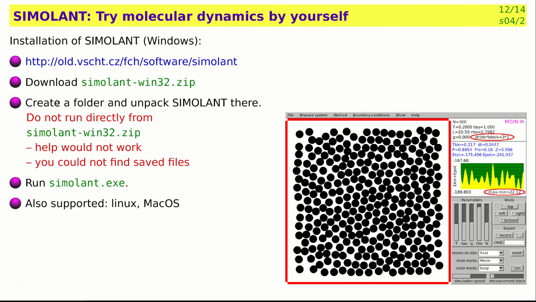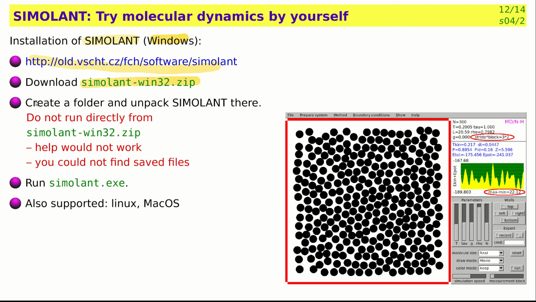You can try molecular dynamics by yourself. I have written computer code called Simulant that is created exactly for teaching. To find it, the fastest way is to write Simulant into Google, or here is the link. You download the package according to your operating system. This is for Windows, and unpack it somewhere.